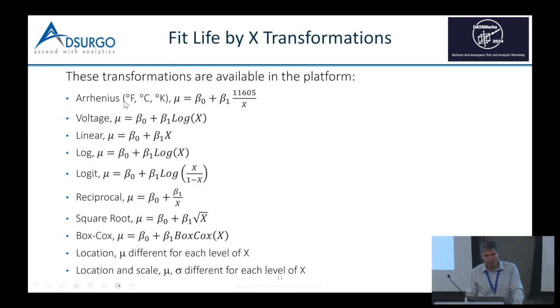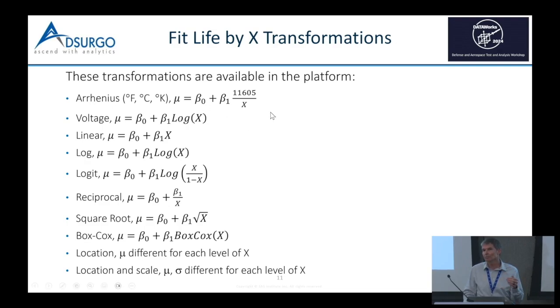Ultimately, there are really two primary relationships that we use in this accelerated life test. The first one is the Arrhenius model. We'll talk about it in a second, but it's the transformation that we need to take. We know the degradation pattern follows the Arrhenius model. Similarly, voltage is going to follow a log model.